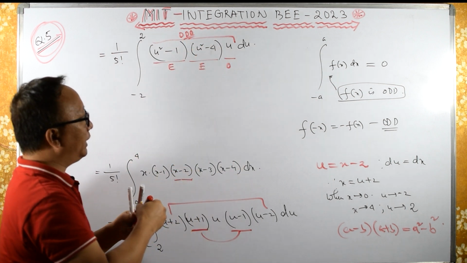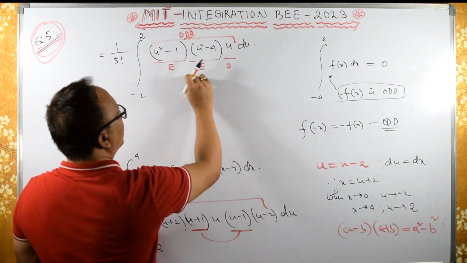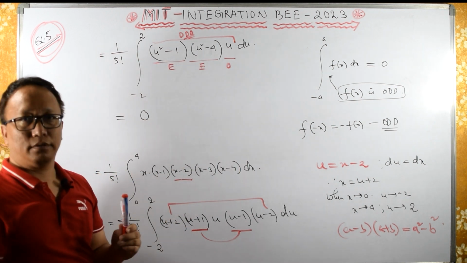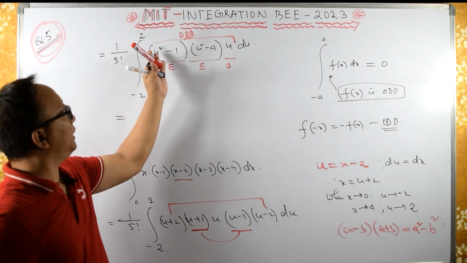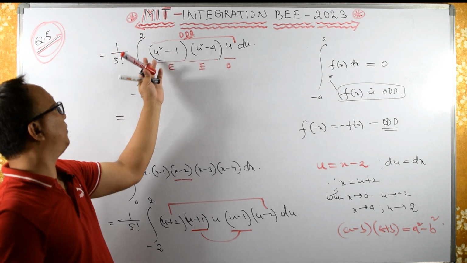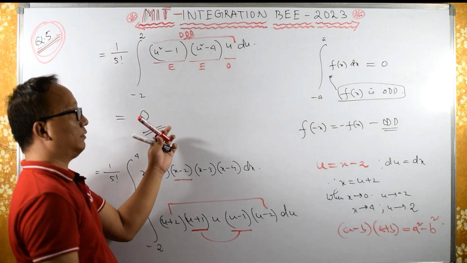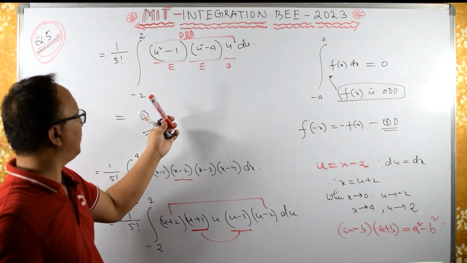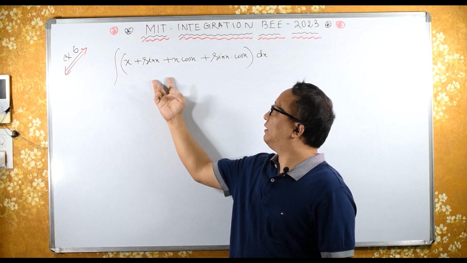Therefore the integral from minus 2 to 2 of the odd function becomes 0. Otherwise, you can expand this, substitute the limits, and you will get the answer 0. Or, by using this property, the whole integration becomes 0.